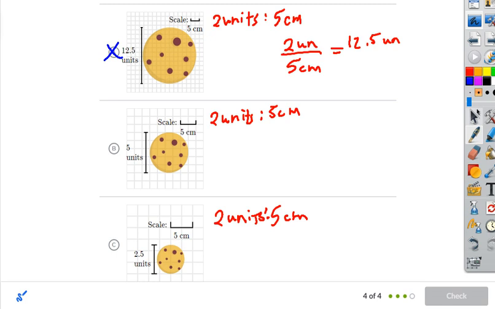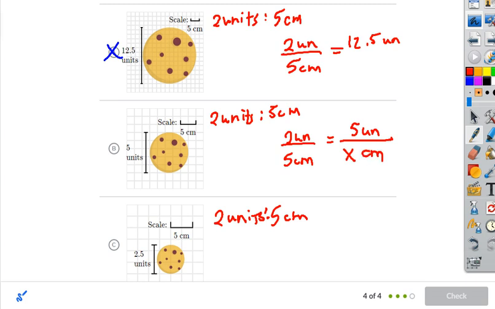I'll do it again. 2 units, 5 centimeters equals, this has 5 units here. So this one is 5 units, and I'm trying to end up with 12.5 centimeters, so that's a possibility. This one is saying that I gave you the number of units, but I did not tell you how many actual centimeters.